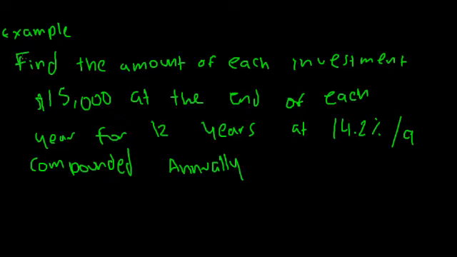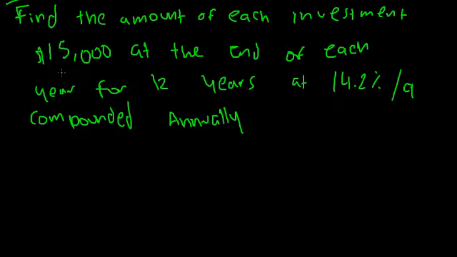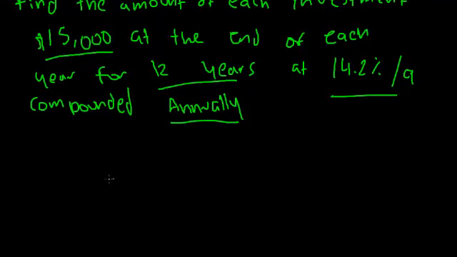Alright, so let's follow through this example. This is a basic knowledge and understanding question. You want to find the amount of the investment, the future value. You basically have $15,000, which is the regular interval payment, 12 years for n, the full compounding period, and this is the interest rate. Because it's compounded annually, you don't have to worry about dividing or multiplying anything. So let's use the formula.